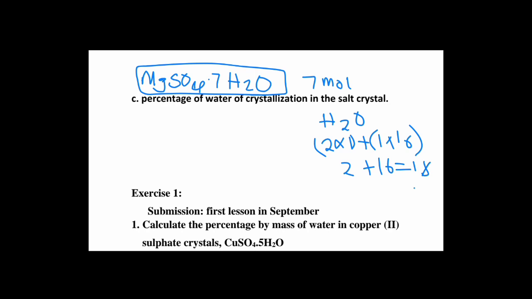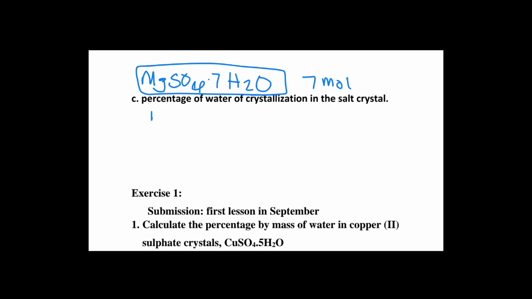Converting this 18 grams per mole to mass, we are going to say mass equals number of moles times molar mass, where we'll say mass equals the number of moles of water in this salt, which is 7 moles, times the molar mass of water.